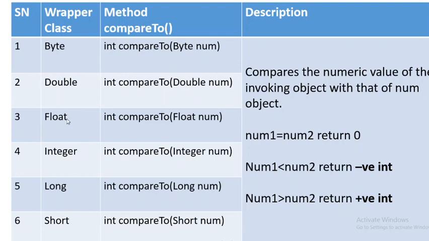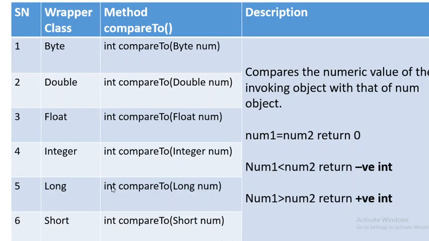If you are using the Float wrapper class, you will use an object of the Float wrapper class to call this method, with an object of the Float wrapper class as an argument. If you are using the wrapper class Integer, it will be integer object dot compareTo, in brackets another integer object.